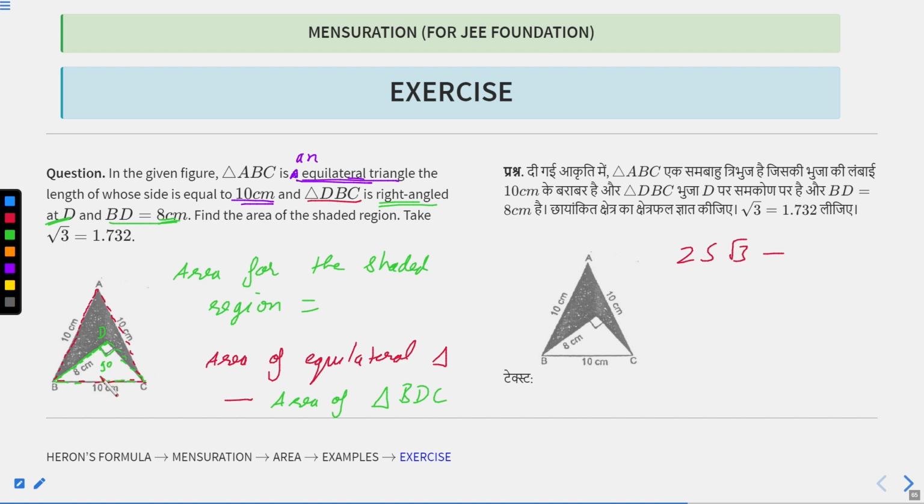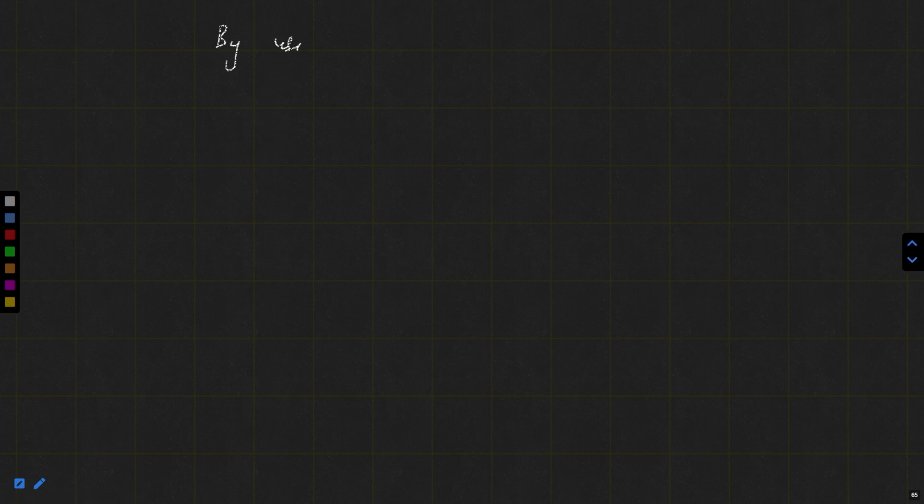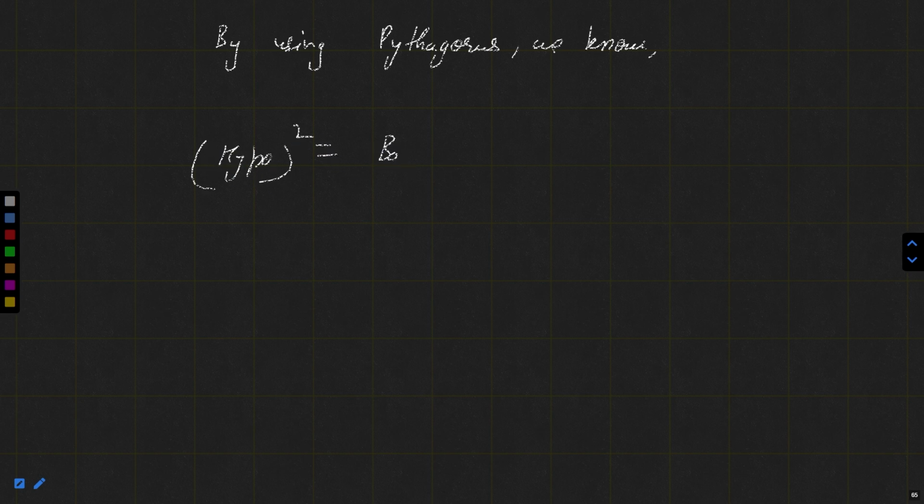Now I have to find the area of this right angle triangle BDC, and I know the hypotenuse is 10 centimeters and one side is 8 centimeters. So by using Pythagoras, what we know is hypotenuse square is equal to base square plus perpendicular or height square.